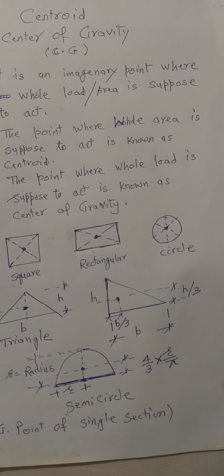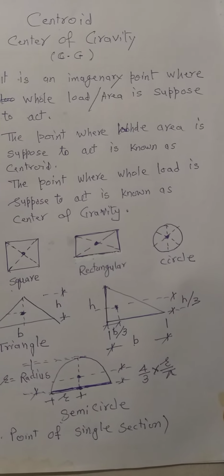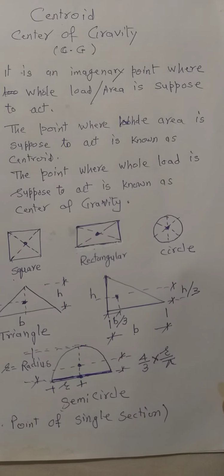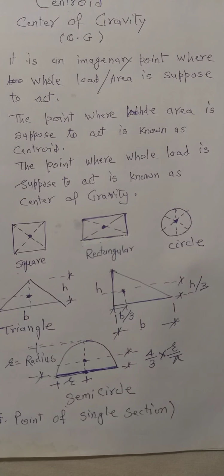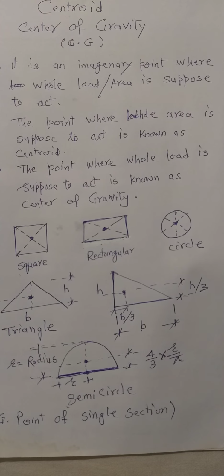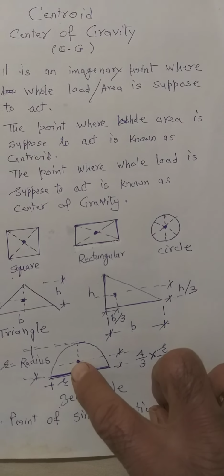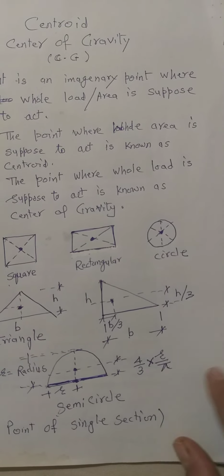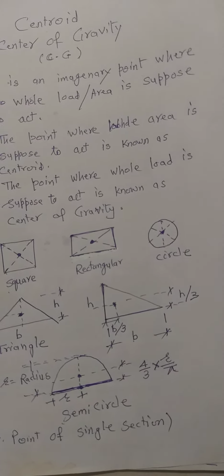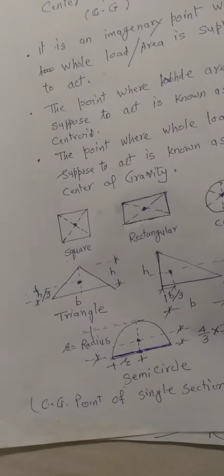The CG lies at the center, but in the y-axis it is actually at a distance of 4 by 3 into r upon pi. You must have seen over here, this distance where the CG lies is actually at a distance of 4 by 3 r by pi. This is all about the center of gravity of a single section.